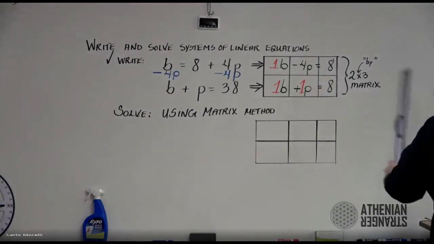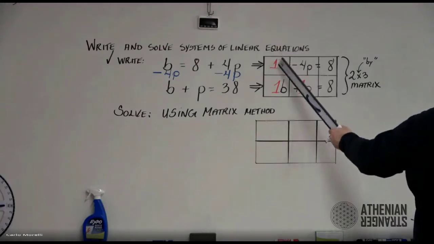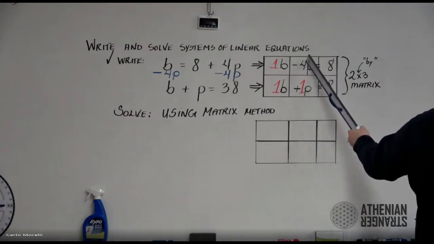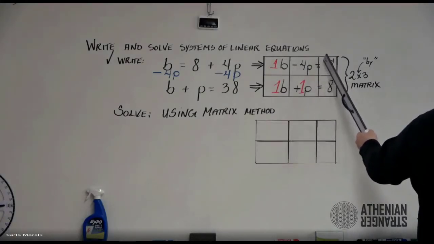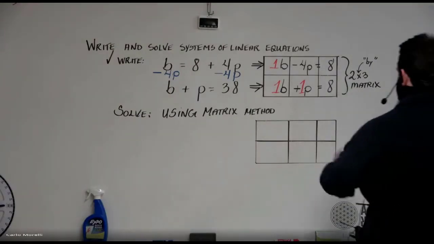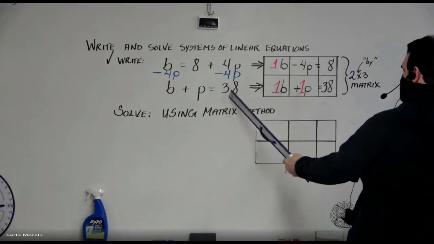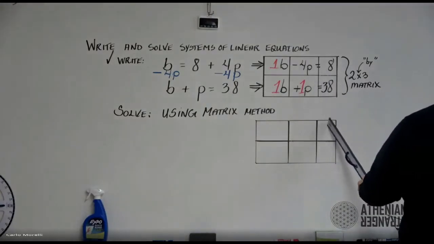And now what's nice is you just copy this down, okay? So here you just put a 1. Here you're going to copy down a -4. Here, I see I didn't write this as a 38, right? Here you're going to write an 8.